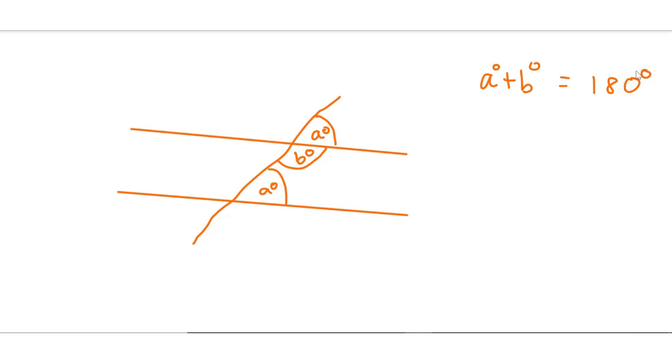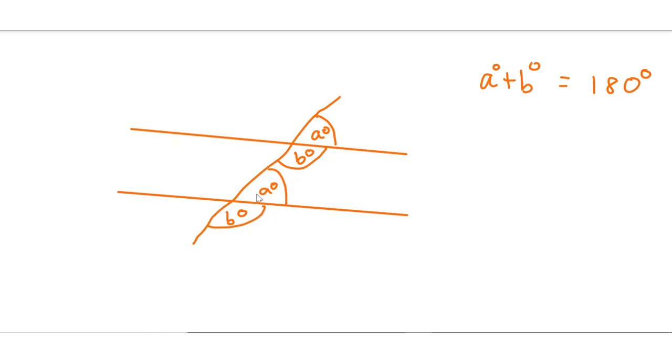Okay, so that's a good start. We also know then that because this angle in this straight line is equal to 180, if A plus B is equal to 180, this is B, so these two angles are equal. Any angles I give the same letter are equal to each other.